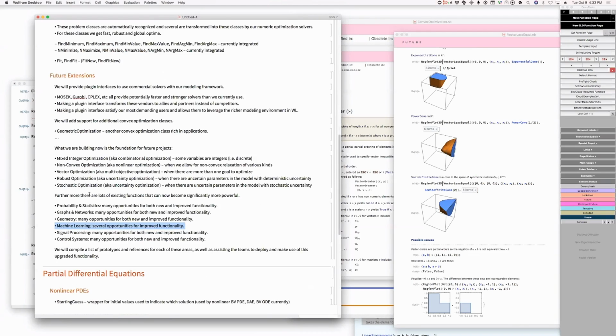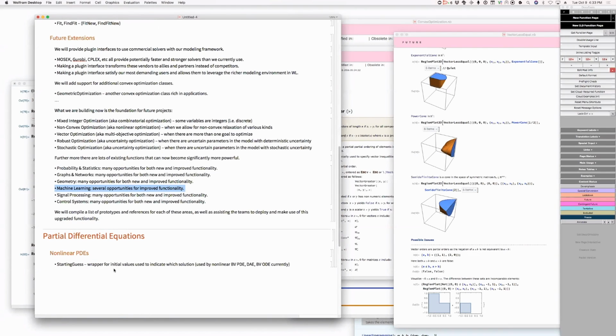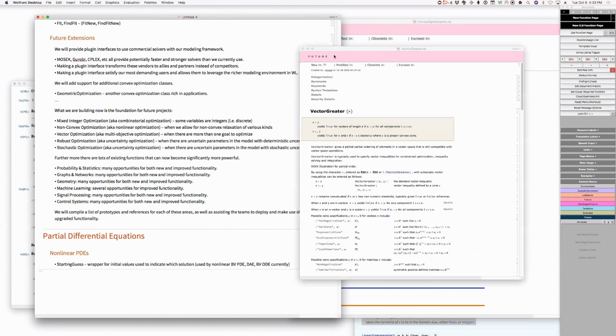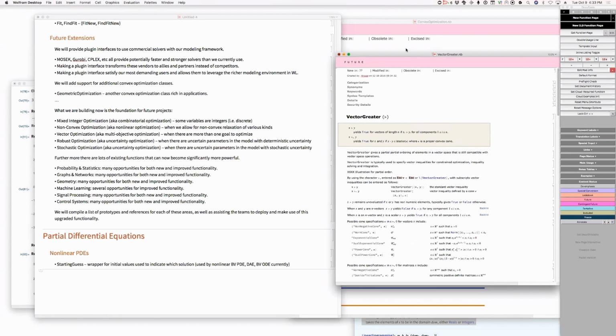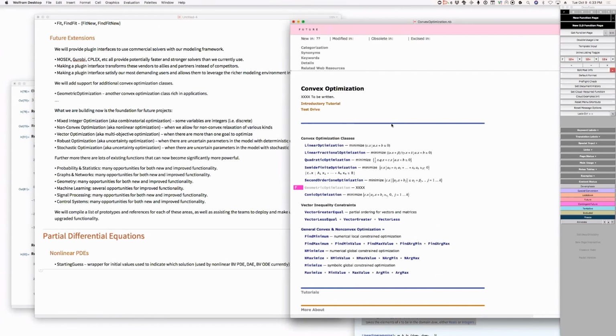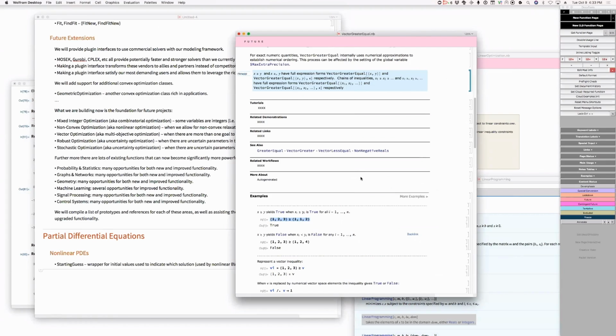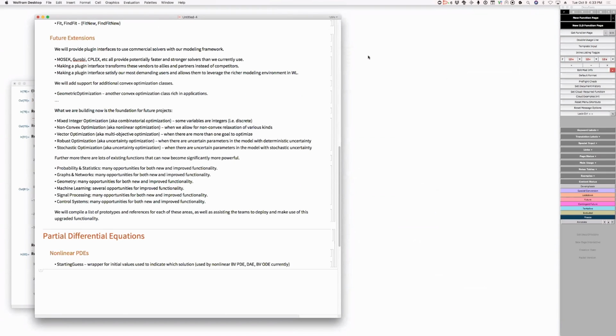Okay, well, that's great. All right, let's just take a very quick look at whatever you were doing in nonlinear PDEs here. So the big news, the big actual feature is that we now support solving nonlinear PDEs over arbitrary regions. So this is basically finite element, but for nonlinear PDEs.